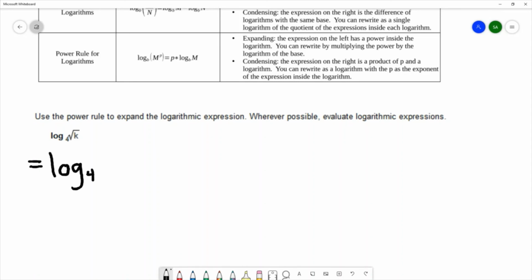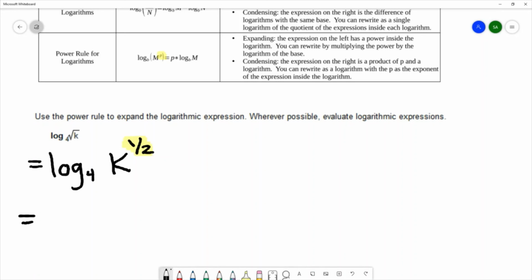So I can rewrite square root of k to be k to the 1/2 power. Now we have a power inside of our logarithm, just like we have in our property here. And because we have a power inside our logarithm, we can use the power rule.